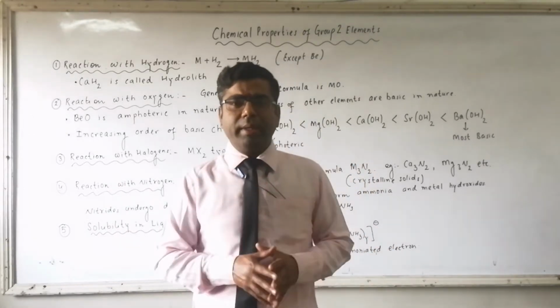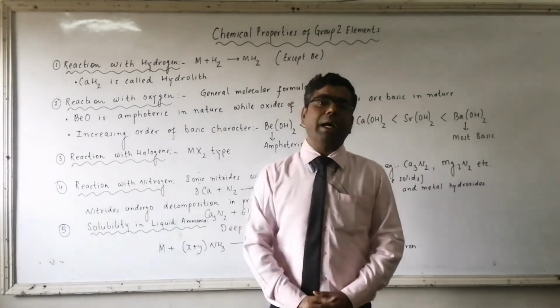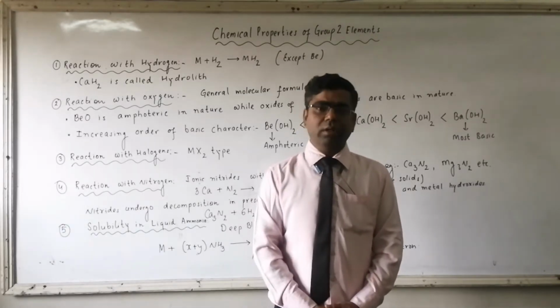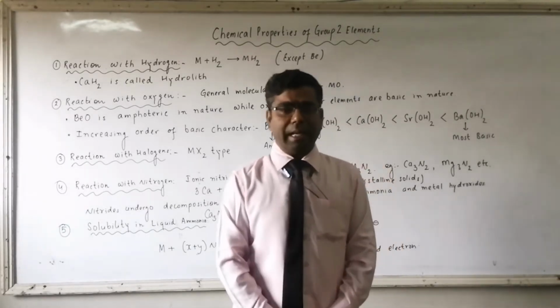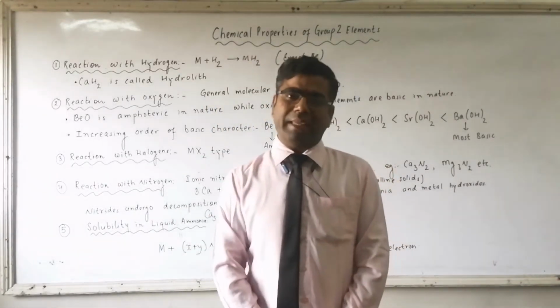Due to large atomic size, they have low value for ionization potential. Means for the removal of electron, energy required will be less. So we can say that removal of electron is easy.